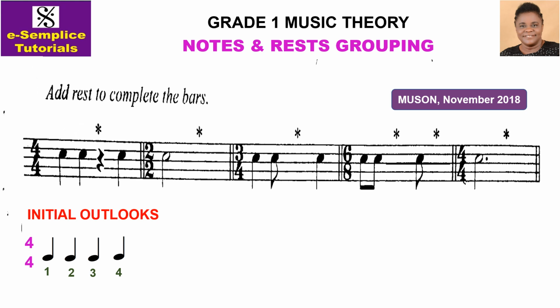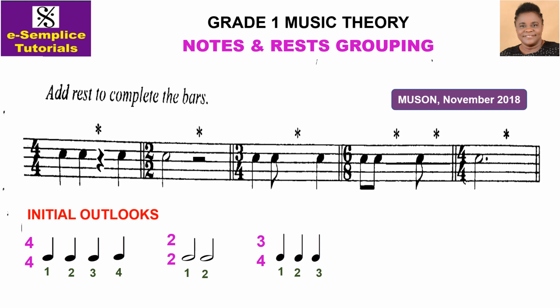So if you look at that, only beat 3 is missing, and beat 3 is a crotchet, and you are using a rest. Now we move to 2/2 time. The first beat is in the bar, so what is missing is the second beat, but the second beat is needed as a rest, so that means you use a minim rest. Let's move to 3/4 time.